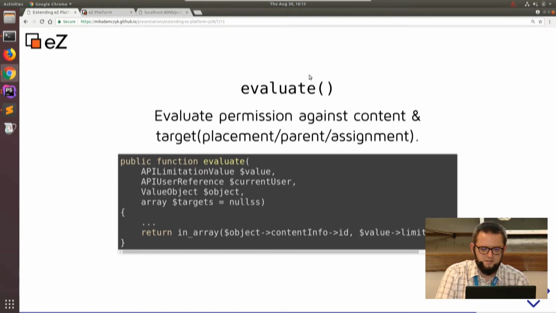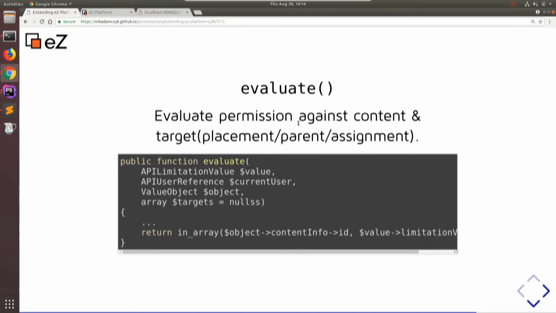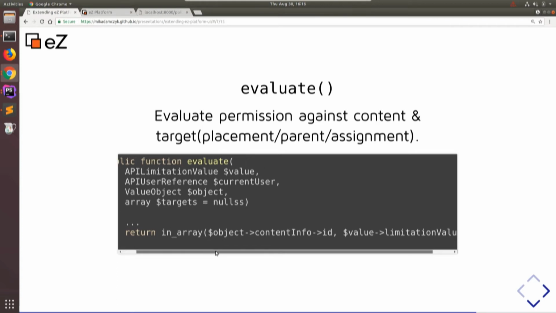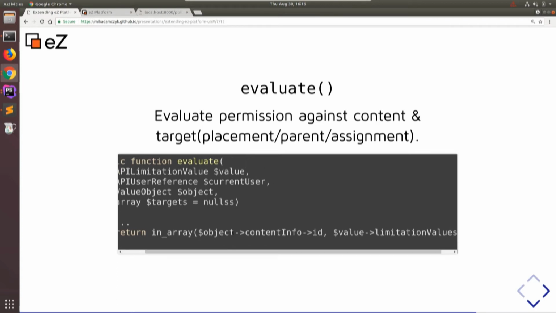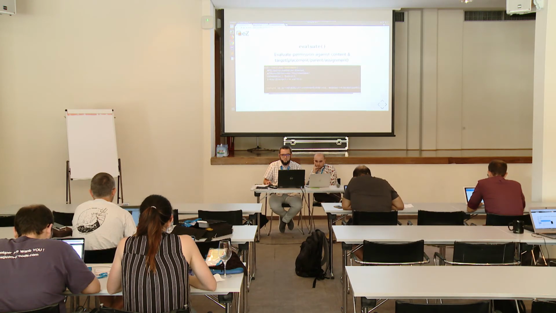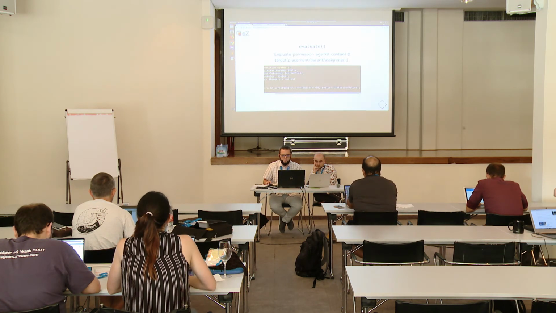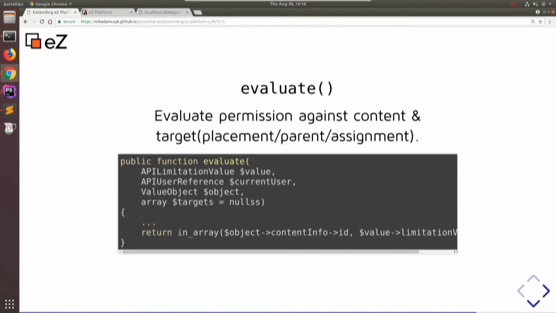And I think this is the last method. Evaluate. This is the most important one, because it evaluates permission against content and target. So simply, as you can see, if our content info ID is not in allowed to show to user, the access will be revoked.